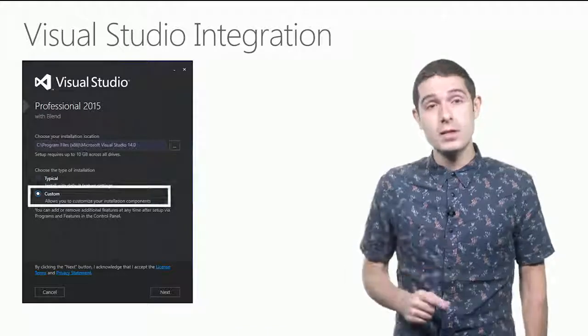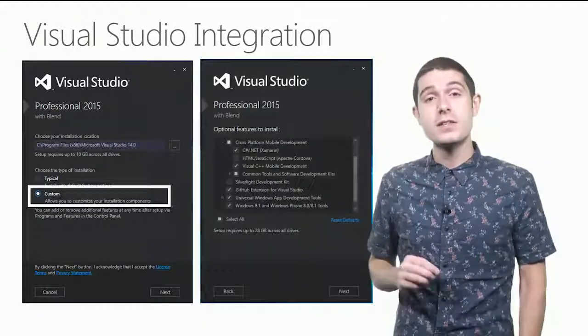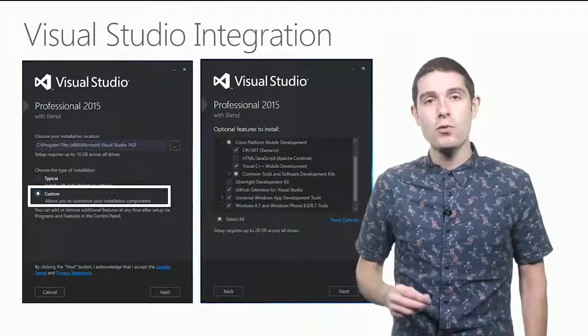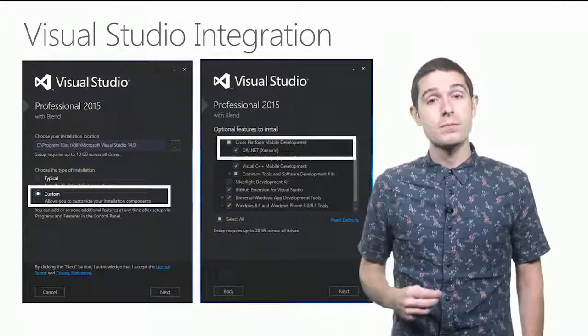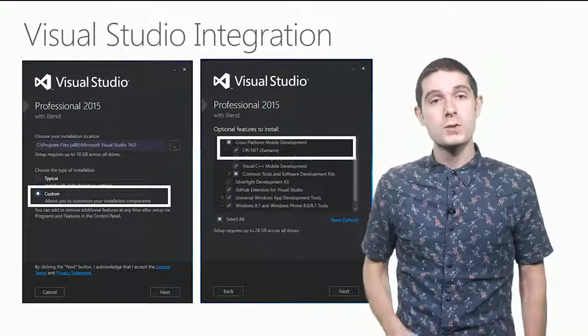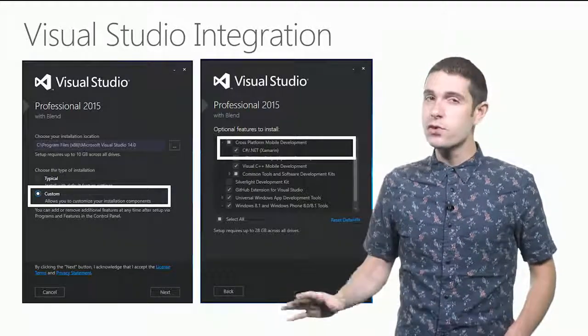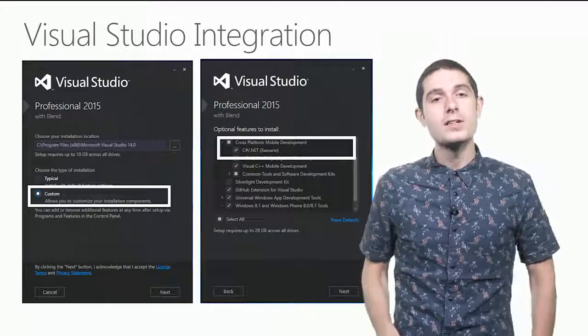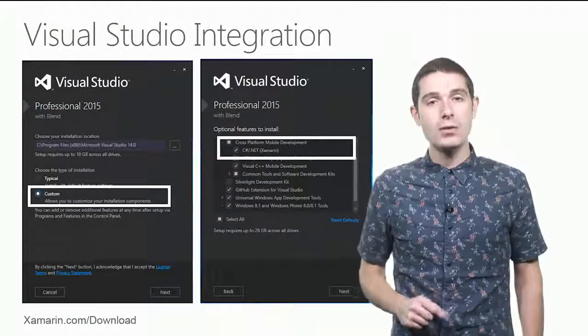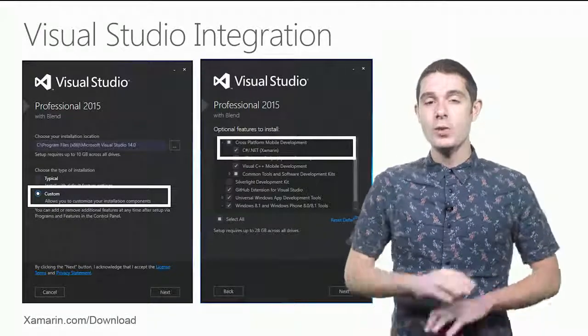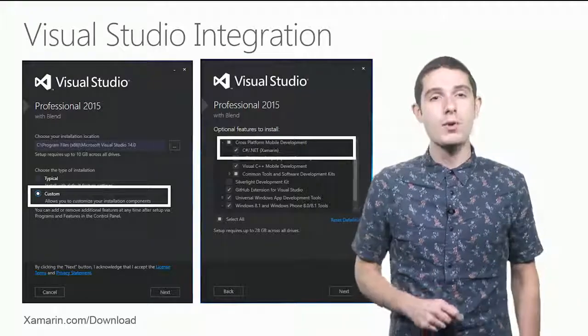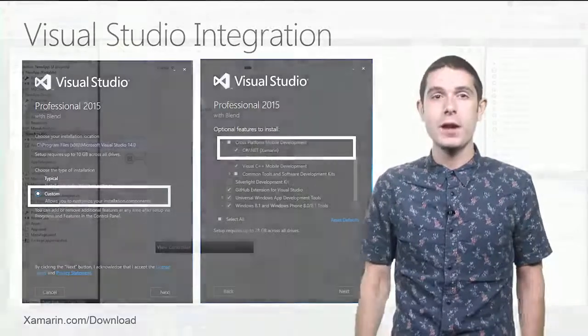Simply select the custom install option, and that will bring you to this next screen, and under cross-platform mobile development, you'll see Xamarin. Simply install Xamarin as part of your installation and we'll take care of the rest. Now, if you already had Visual Studio 2015 installed, simply head over to xamarin.com/download for our universal installer and we'll take care of everything for you to get you up and running building those cross-platform mobile apps.